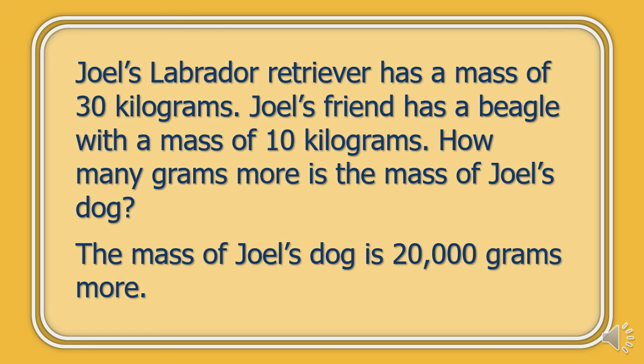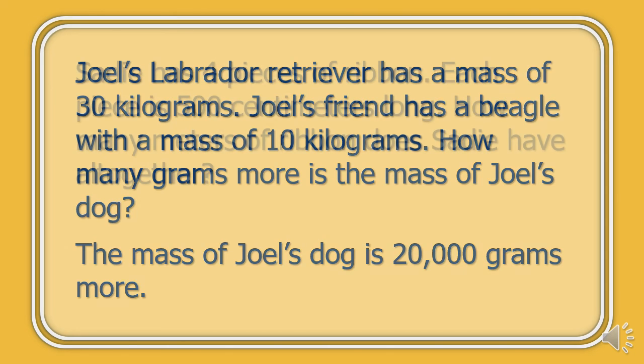But 20 kilograms is the same as 20,000 grams because there are 1,000 grams in each kilogram. So we have to say 20 times 1,000. Okay, so the mass of Joel's dog is 20,000 grams more. See, even I got tricked by that because I didn't read the question correctly. So make sure you're reading the question correctly because that could cost you points on the test.